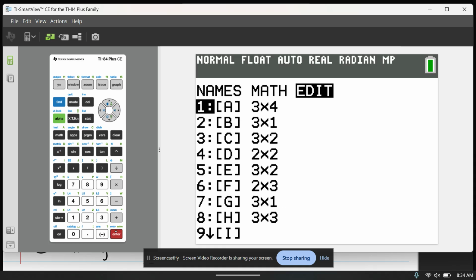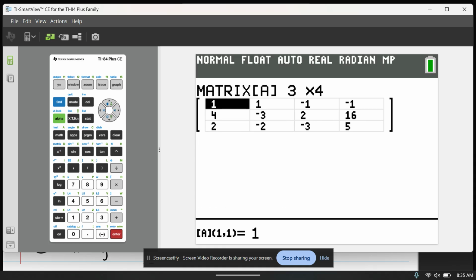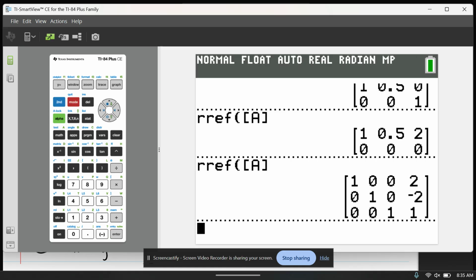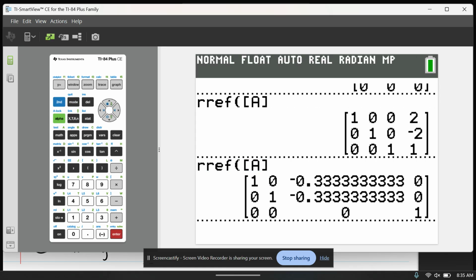Edit 3x4, 2, 1, -1, -2, 1, 2. Run RREF on that matrix.